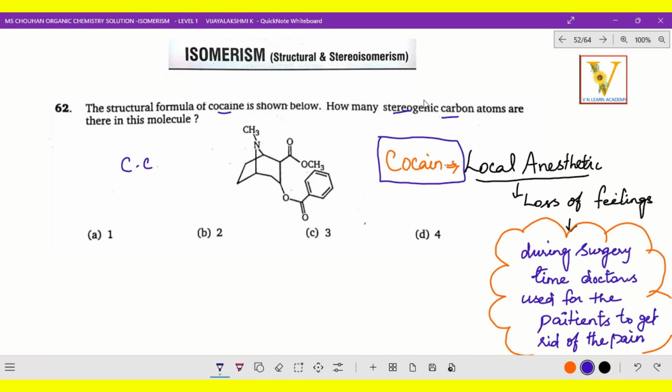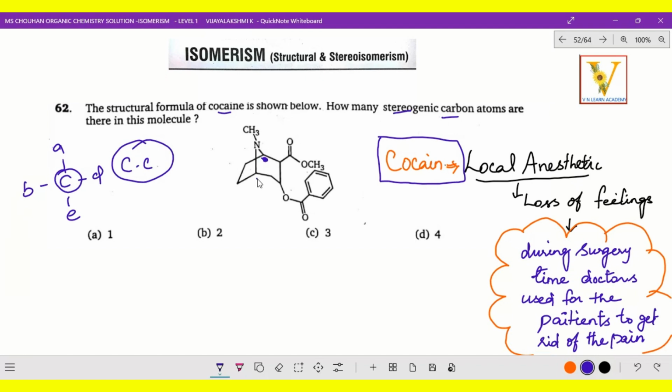So all different groups or atoms attached to that carbon is called a chiral carbon. Now in this, how many chiral carbons, that means how many stereogenic carbons are available, is the question they are asking. Come on, let us check. Here one chiral carbon is available.